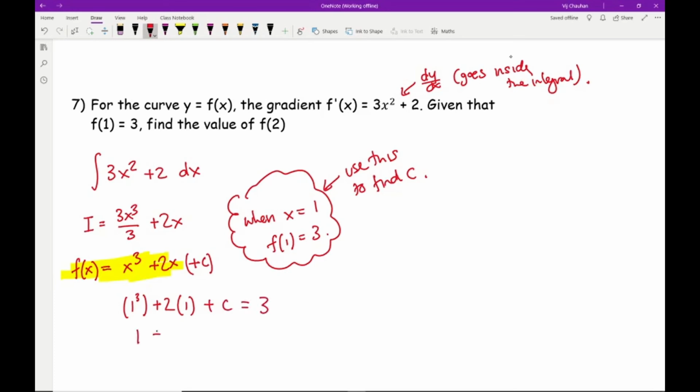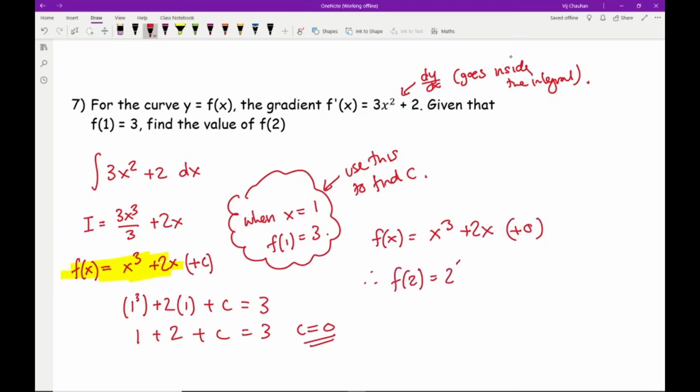So 1 plus 2 plus c equals 3, so c equals 0. So f of x equals x cubed plus 2x plus 0, which I don't really need to write, but if that did include a number, then that's fine. Therefore, f of 2 is where I substitute 2 into this, so it's 2 cubed plus 2 lots of 2, which gives me 8 plus 4, a final answer of 12.